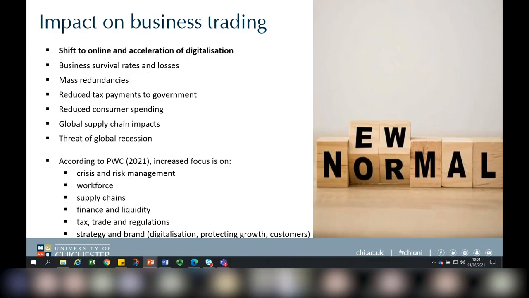The threat of global recession, but according to PricewaterhouseCoopers, who are one of the big four consultancy organisations, there's a lot more focus on crisis and risk management. I think this whole pandemic has highlighted the lack of risk management governments focus on in general, and businesses. So that's something that I think will stay with us. A lot more focus on managing risk.